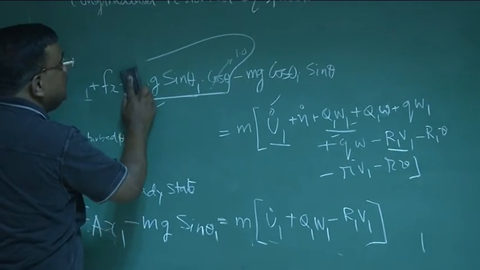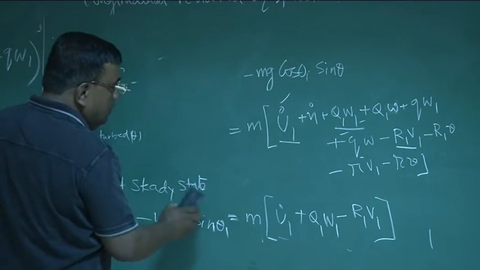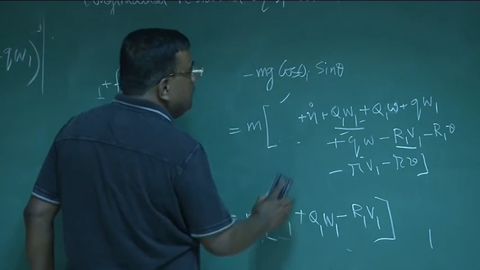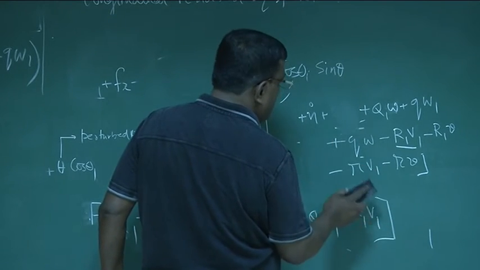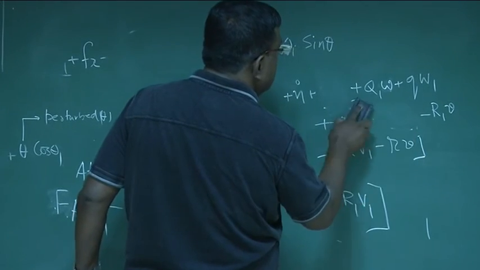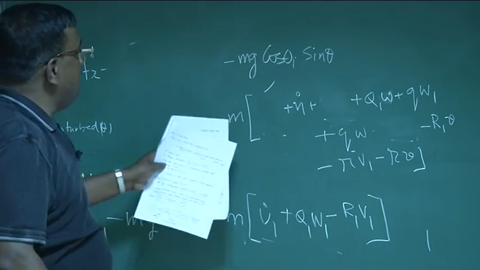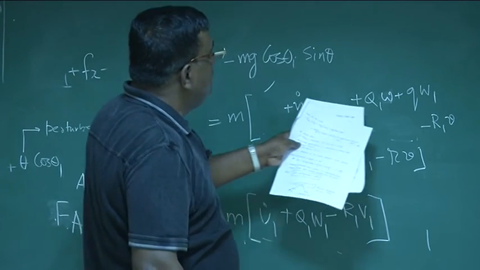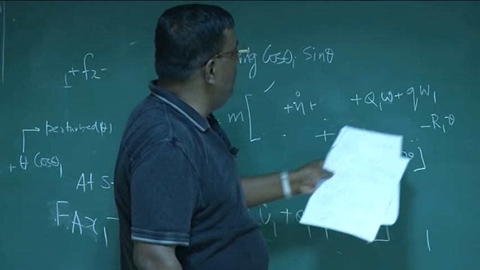This goes, because they are equal to this, and r1 v1 and this. I am erasing this. Now we are left with what? On the right hand side, m u dot plus q w1, like this.